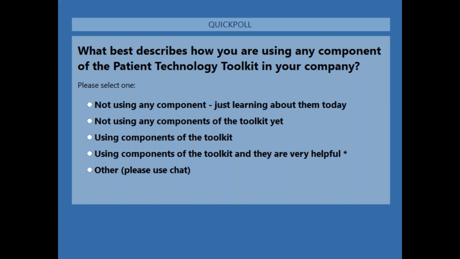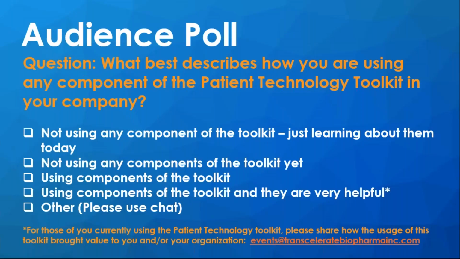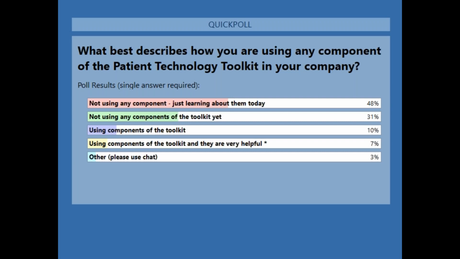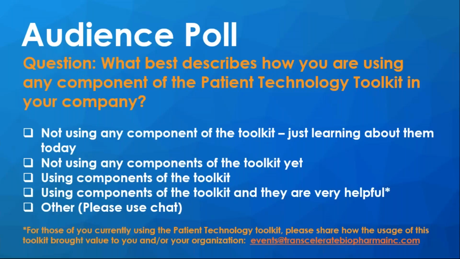I know this is a longer poll question. Okay, I think we're about 60%, which is our threshold here. So I'll get ready to close the polling. So it looks as though a majority of you are looking to learn about our toolkit today, or maybe have learned about it, but you haven't implemented any of them yet. So that's good. So we'll take a little deeper dive.